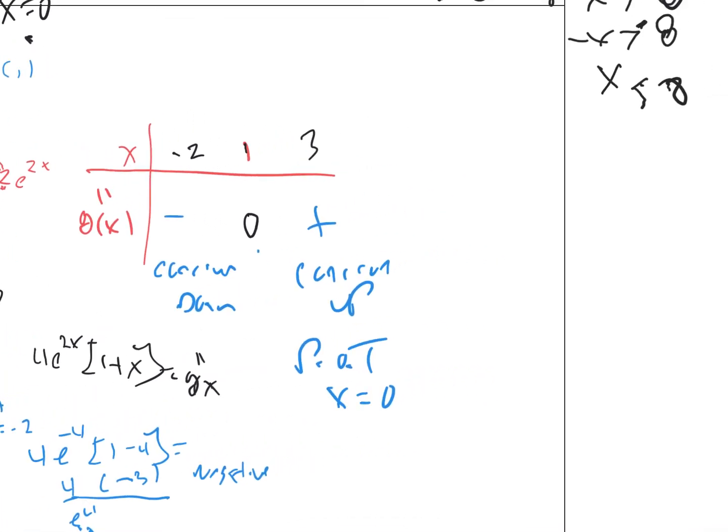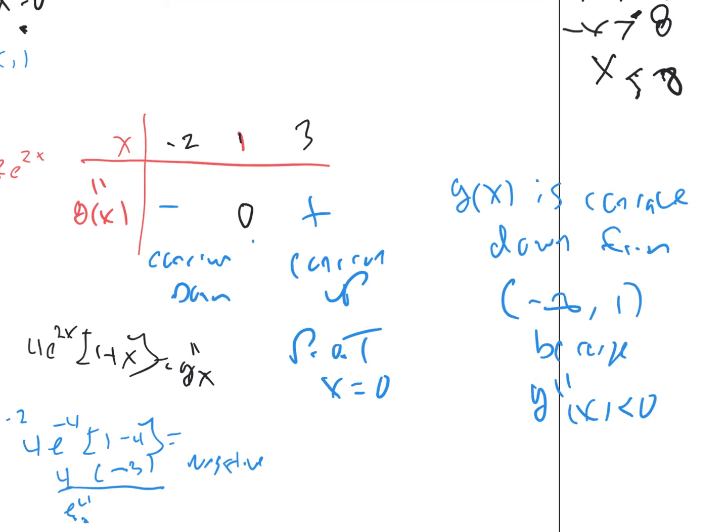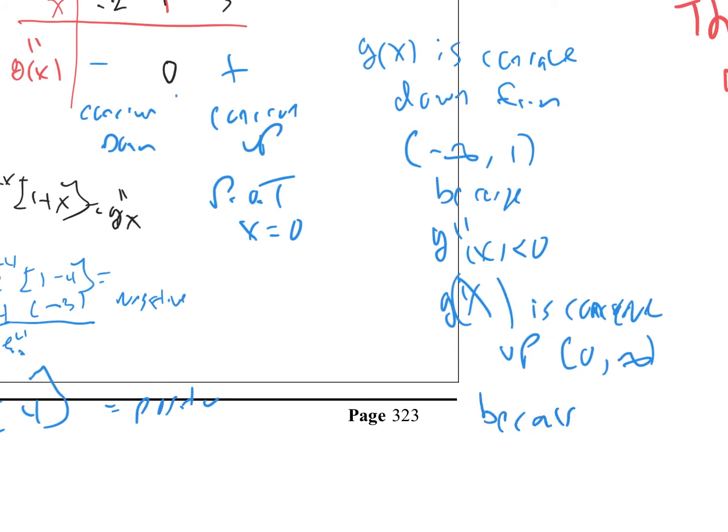So let's write my paragraph. g of x is concave down from negative infinity to 1 because g double prime of x is less than 0. g of x is concave up, C-O-N-C-A-V-E, from 1 to infinity because g double prime of x was greater than 0.